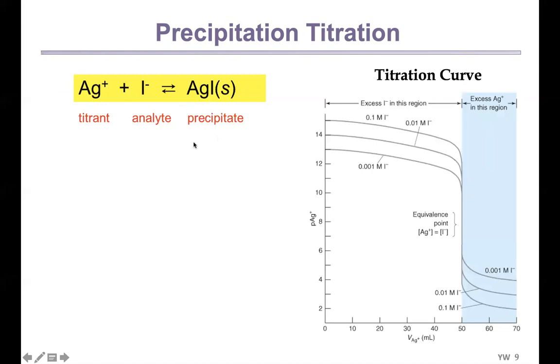Now, the concentration of the free ions in the solution can be determined with electrochemical measures. For example, potentiometric measurement, meaning that you're putting 2 electrodes into the solution and measuring the difference between the 2 electrodes. And the potential difference is actually affected by the concentration of ions in the solution. Okay?